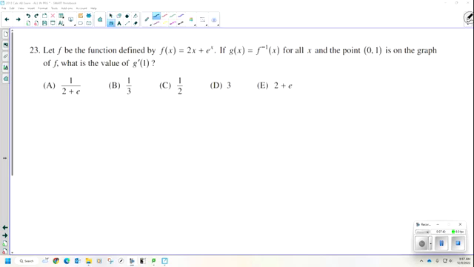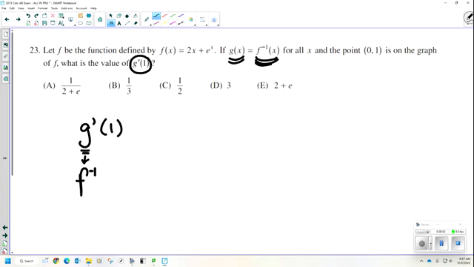Okay, first of all, anytime I see a g, I'm going to change it to f inverse. So let's take a look at this. They want me to find g prime, the derivative of g at 1. Well, g is the inverse of f, so they want us to find the derivative of the inverse of f at 1.